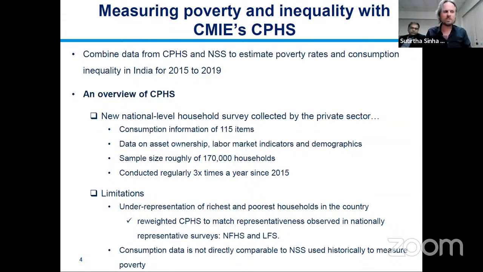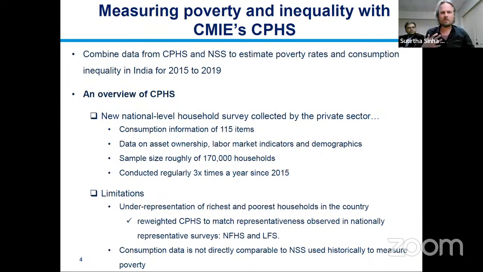The second challenge is that once we establish the national representativeness of the CPHS survey, the household consumption expenditure data collected by the CPHS is collected by means of its own household questionnaire that is different from the consumption expenditure questionnaire of the NSS.